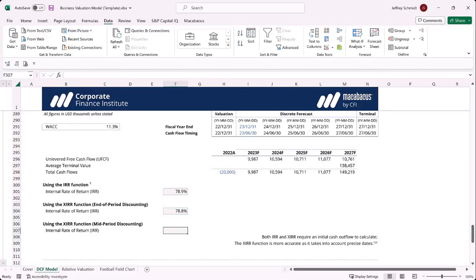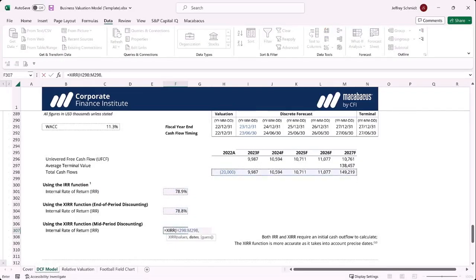Now let's try XIRR using mid-period discounting. So we'll do XIRR, again, select our values, and then in this case, we select these mid-year dates, just like we did with the XNPV mid-period discounting.